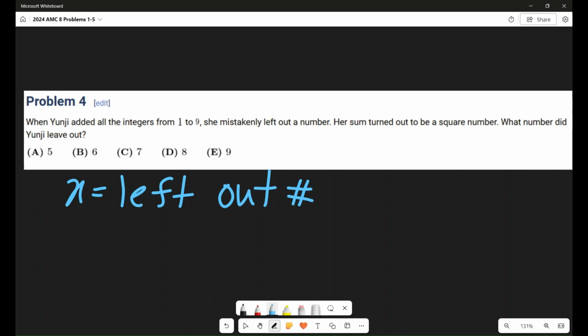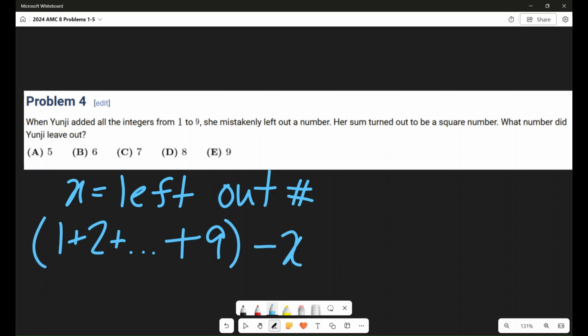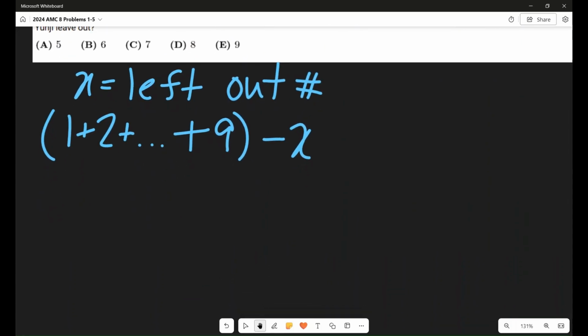All right. So what would the sum come out to be? Well, it'll be the sum of all the numbers from 1 to 9 except for x. So let's simplify this sum from 1 to 9 that we have here.